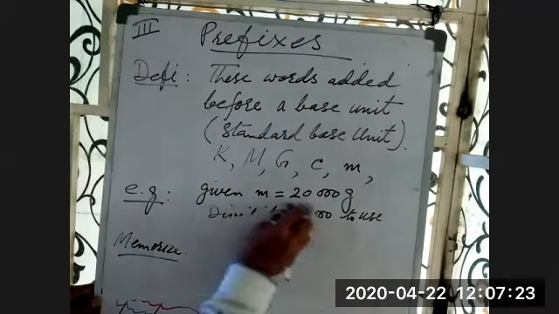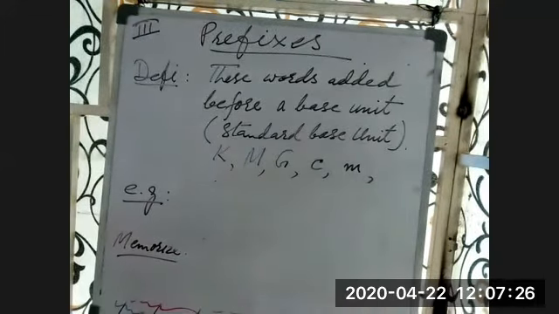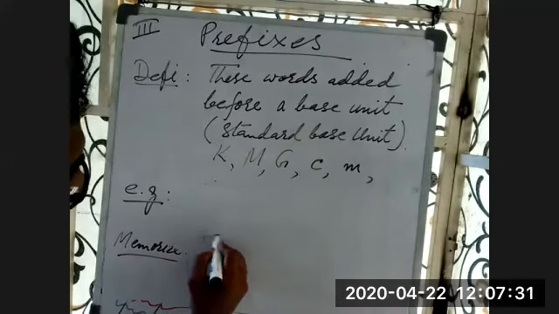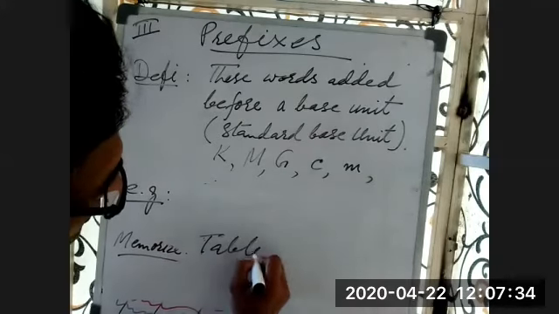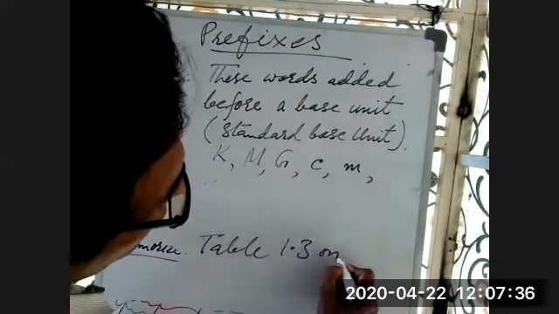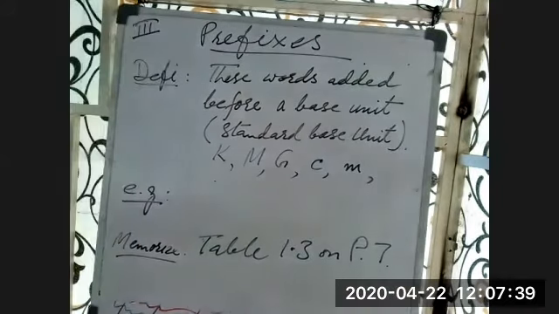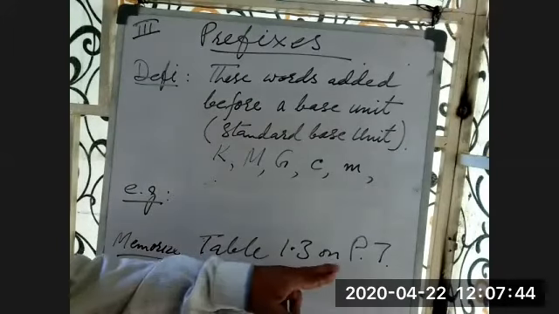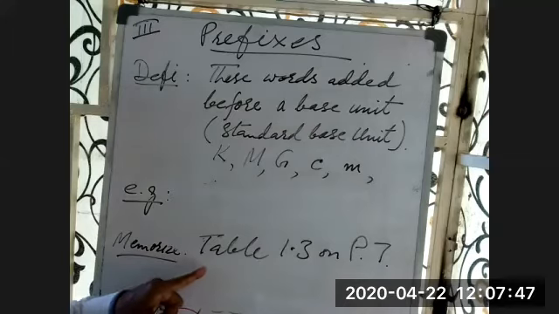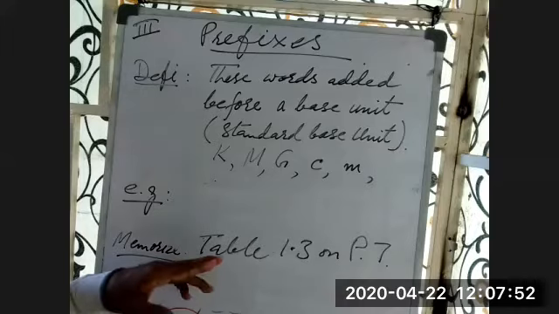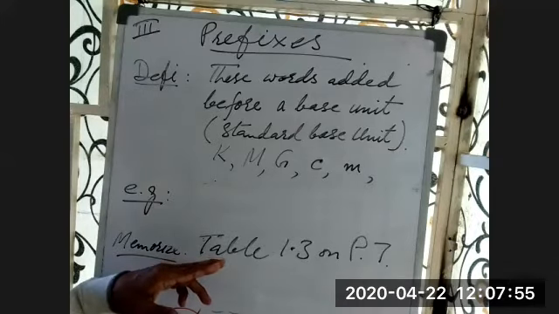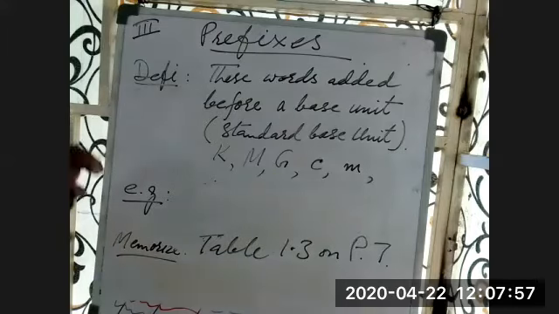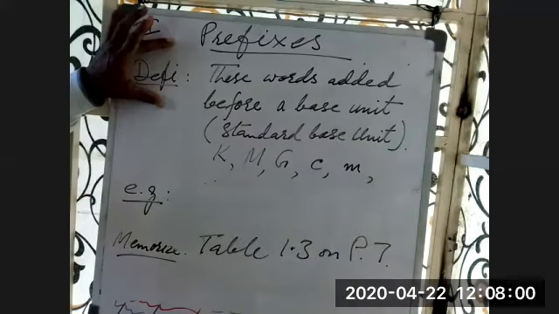Now what will you memorize in it? There is a table, table number 1.3 on page number 7. I will provide the page, or if you have the textbook, then it is on page number 7. So you will have to memorize 3 tables for this chapter: table number 1.1, table number 1.2, and table number 1.3, along with the definitions. What are prefixes?